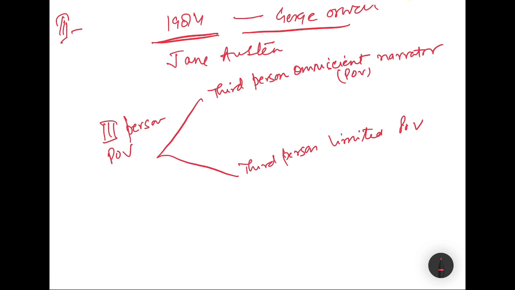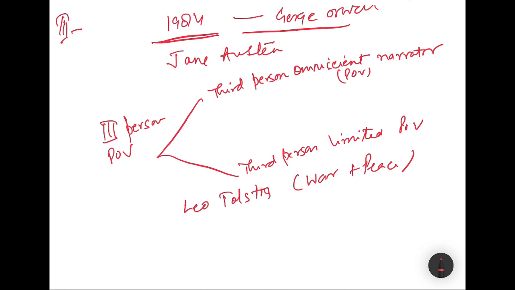If you read the novels of Leo Tolstoy, especially War and Peace, then you'll find that the narrator not only narrates about a particular character, but he enters into the mind of other characters also.